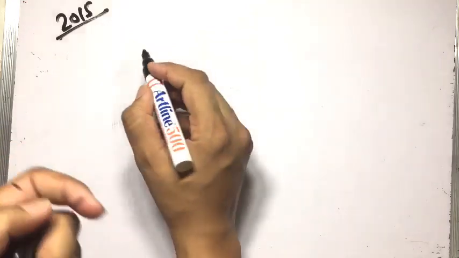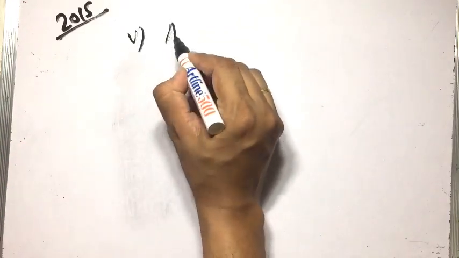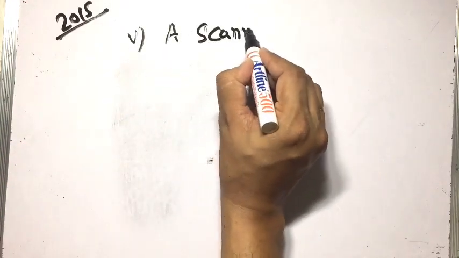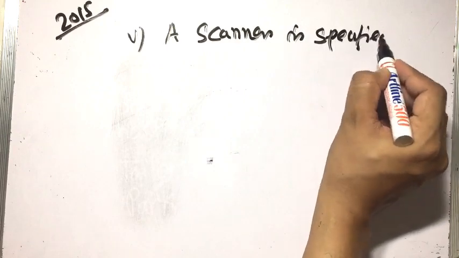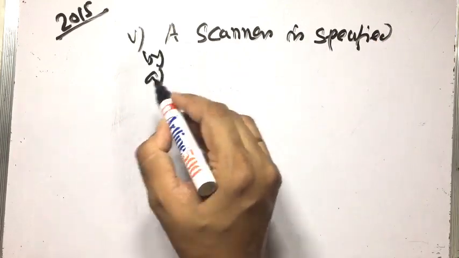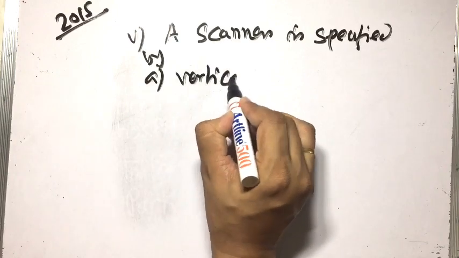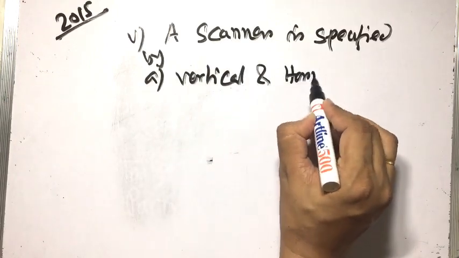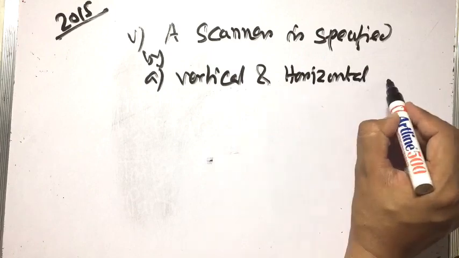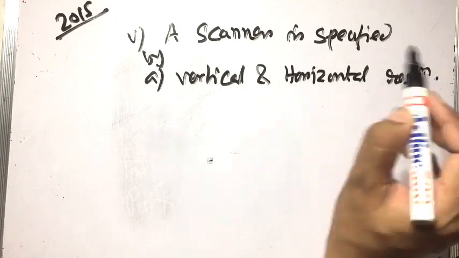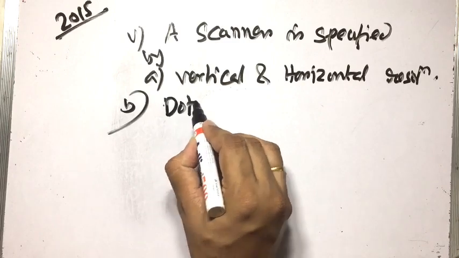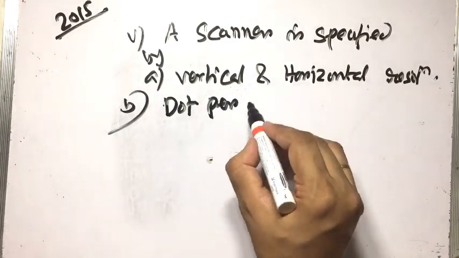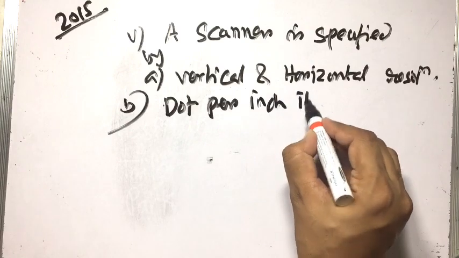Next, question number 5. A scanner is specified by option A, vertical and horizontal resolution. Option B, dots per inch it can scan.